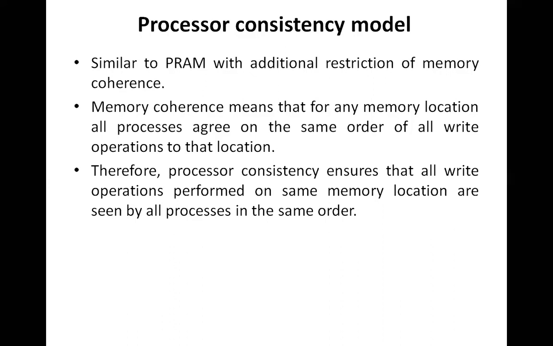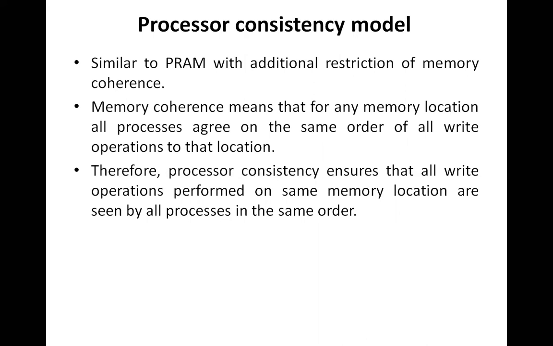So if we take the same example we discussed in the pipeline consistency model, suppose W11 and W22 are write operations to the same memory location, say X, and all the processes must see them in the same order, that is W11 before W22 or W22 before W11.